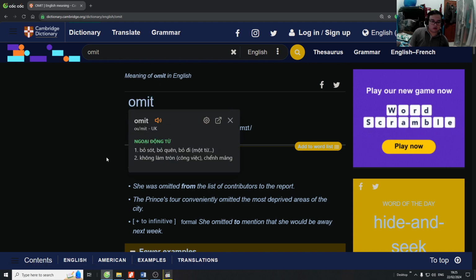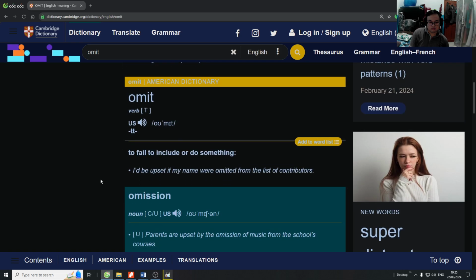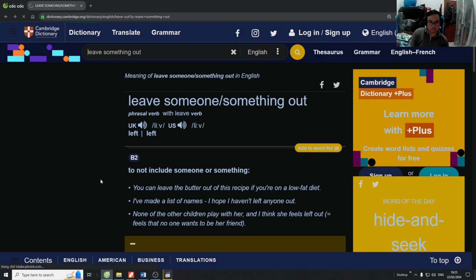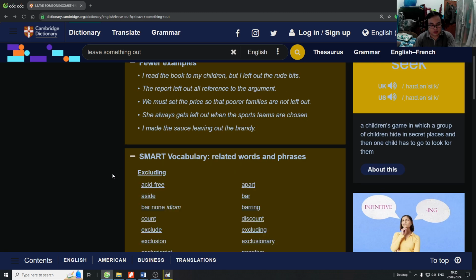Should be lược bỏ. Bỏ sót, bỏ quên. To not include something is omit.